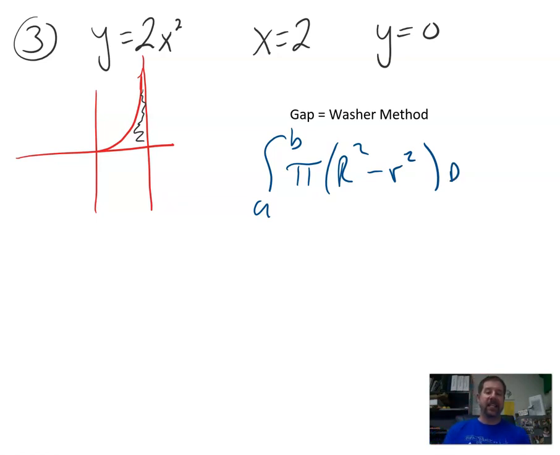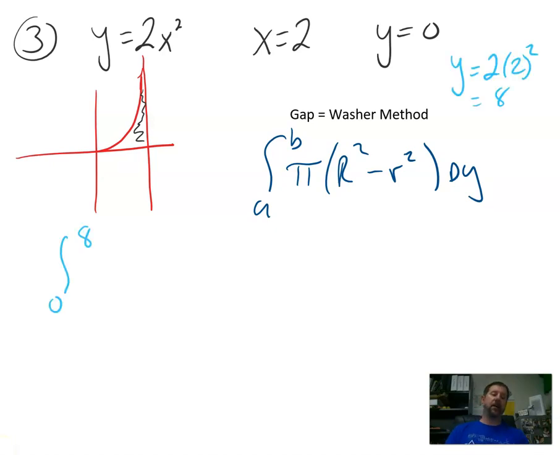And again, in this case, because we're going around the y-axis, I'm going to say dy. Washer method; before we had the disk method. Now same idea here, though. I need to figure out my limits, and I need to figure out my functions in terms of what they are.